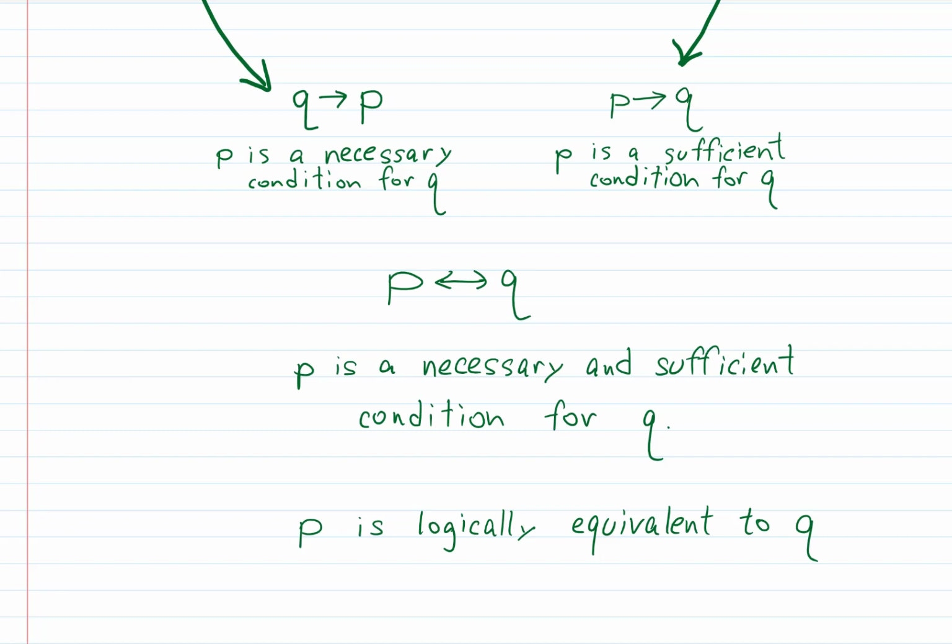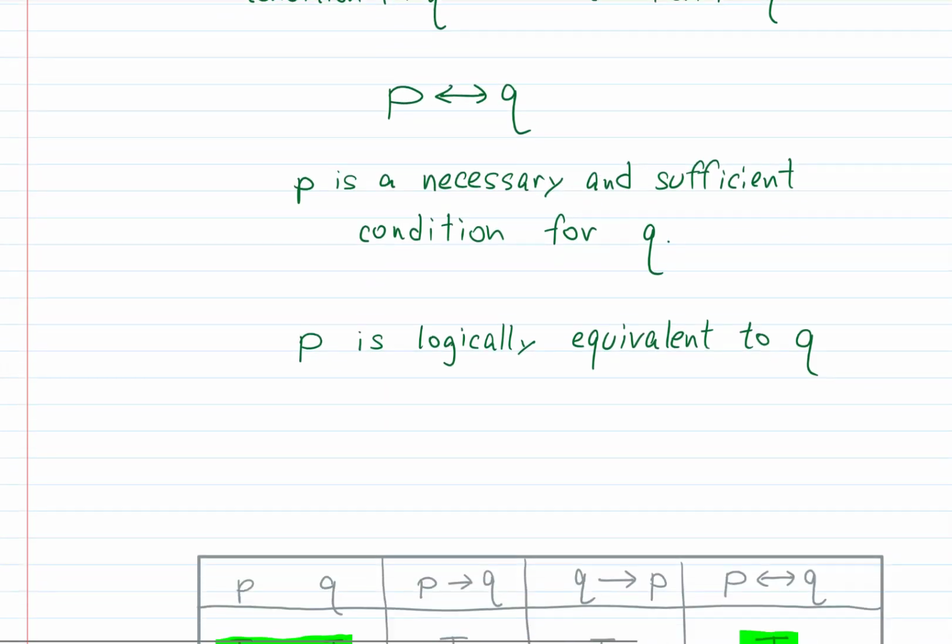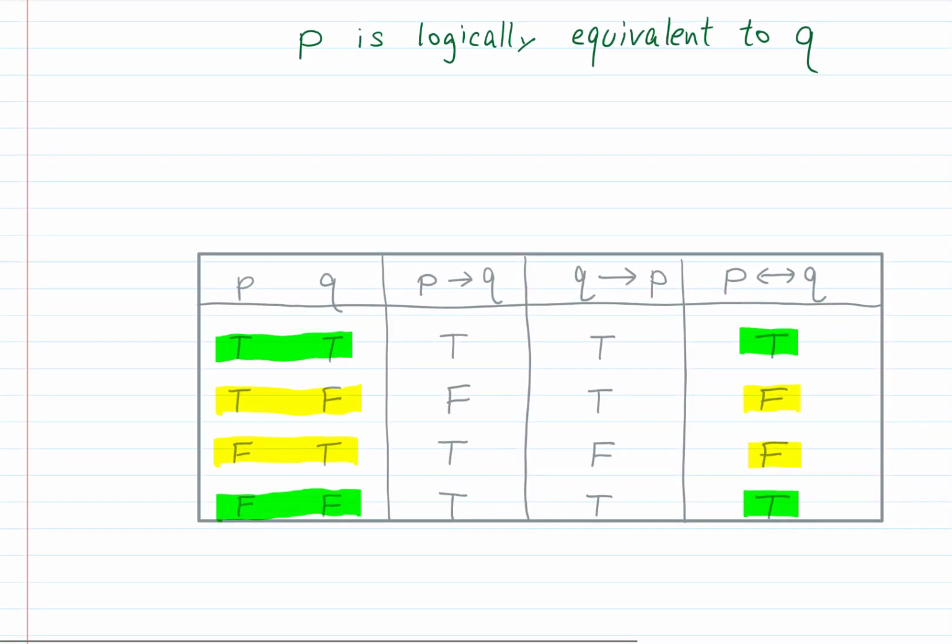Why is that? Because logically equivalent means that two things have the same truth value, right? When you make the truth table, the columns match. Well, look back at the truth table for P if and only if Q. The only time P if and only if Q is true is on those green rows.